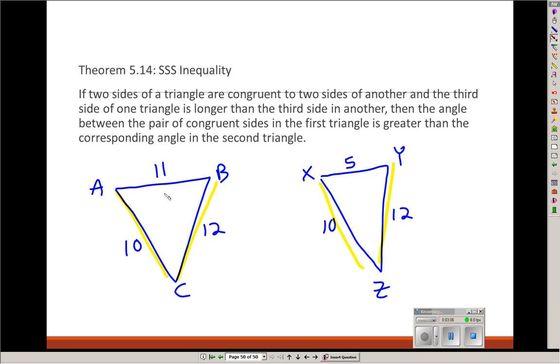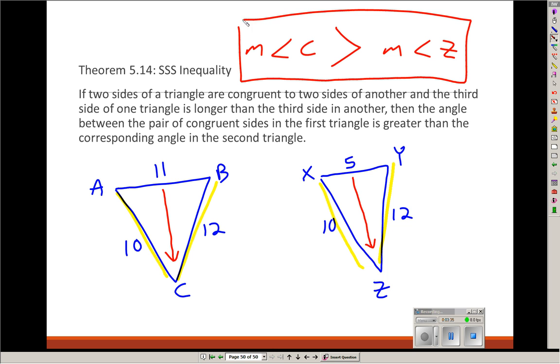What this theorem says is that the angle across from the longer third side is bigger than the angle across from the smaller third side. So if we are comparing the measure of angle C with the measure of angle Z, since angle C is across from 11 and angle Z is across from 5, then angle C is greater, has a greater measure.